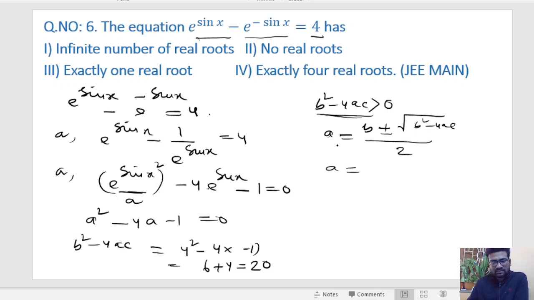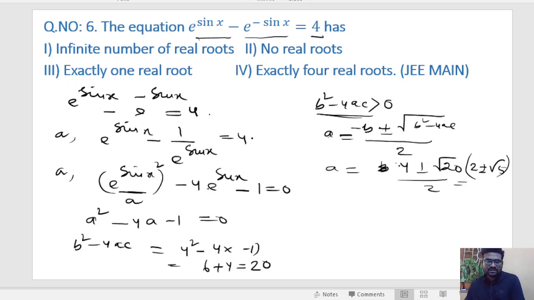We see the values: minus b is 4, so 4 plus minus root 20 by 2, and that is 2 plus minus root 5. This is the roots of the given quadratic equation. So we see that the given function is e to the power sin x.